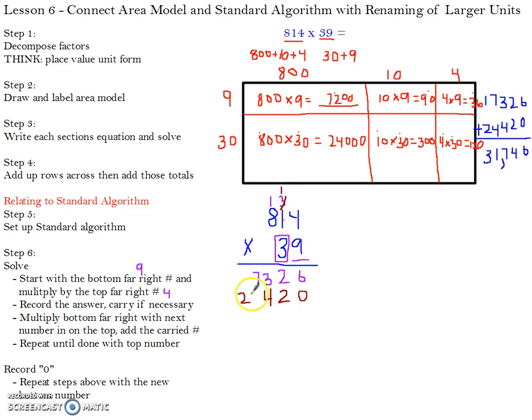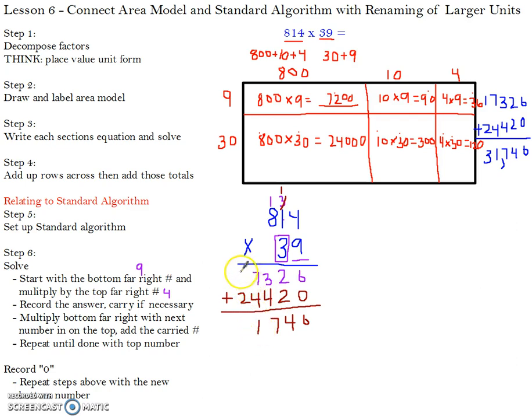And it is really helpful here when you're solving these multiplication problems that you're lining up your numbers, because the next step is you want to add them together. And if they're not lined up correctly, you can get the wrong answer if you're adding the different place values. So 6 plus 0 is 6. 2 plus 2 is 4. 3 plus 4 is 7. 7 plus 4 is 11.